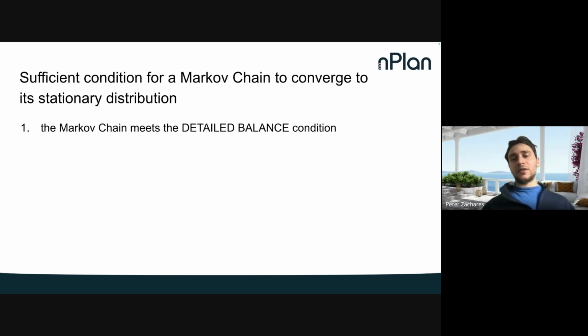There are other sufficient conditions. There are Markov chains that converge to their stationary distribution that don't meet the detailed balance condition. But the detailed balance condition is what is used to make MCMC methods work. If you can prove that your MCMC method meets the detailed balance condition, then you know that it's going to converge to the stationary distribution.